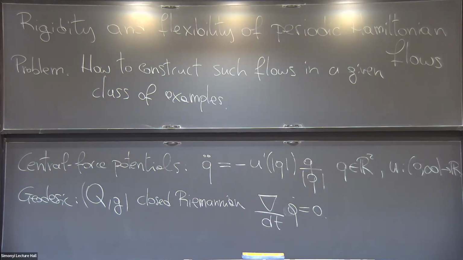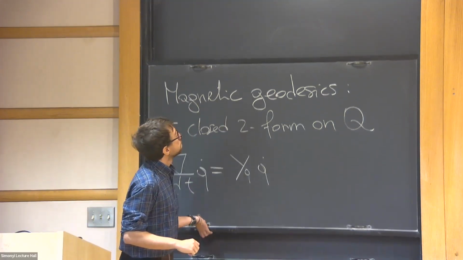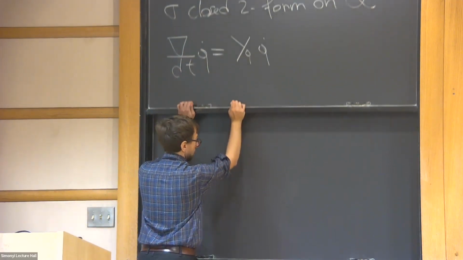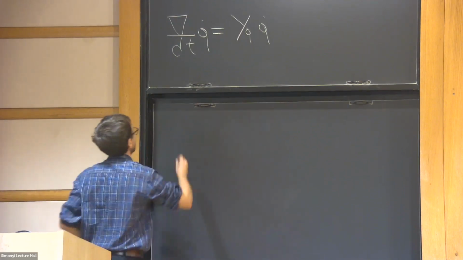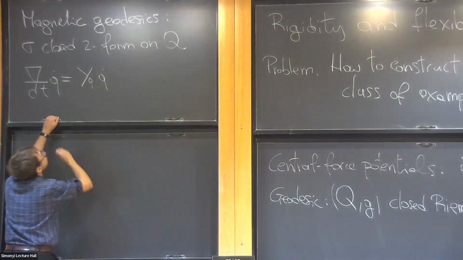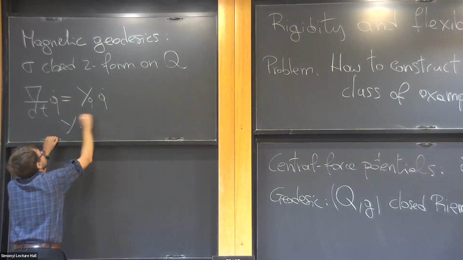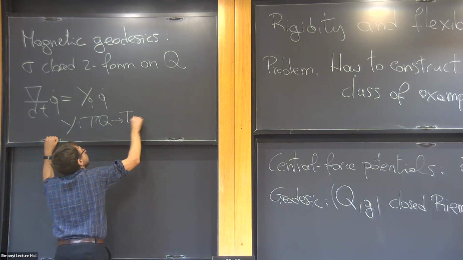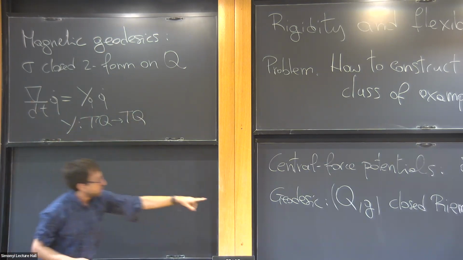We add to our picture sigma, a closed two-form on Q, and then we are looking at the acceleration of the particle equal to the Lorentz force of q dot, where Y, the Lorentz force, is an endomorphism of the tangent bundle, which is given by pairing sigma and g.